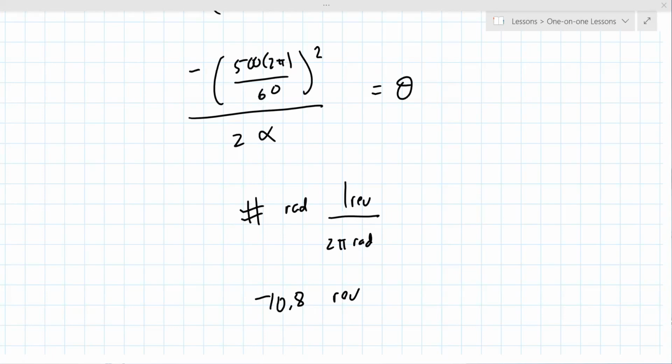Come on. Attaching that down here. That's it.